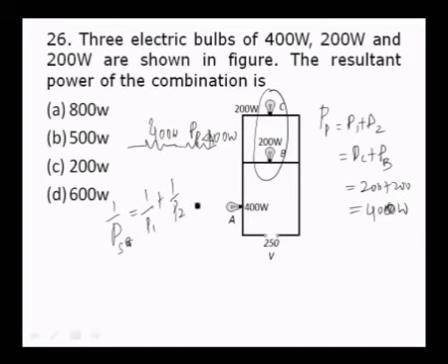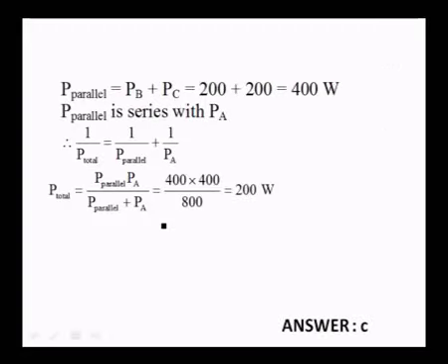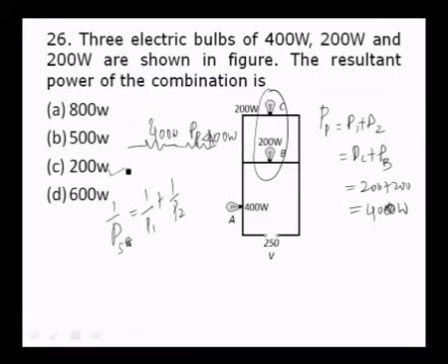Using this formula, we can calculate P total is equal to P parallel, that is PA. 400 into 400 divided by 800, these two zeros are cancelled. 4 into 400 is 1600 divided by 8, or else you can simplify, that is 400 divided by 2, which is equal to 200 watt. Therefore, the correct option is 200 watt.